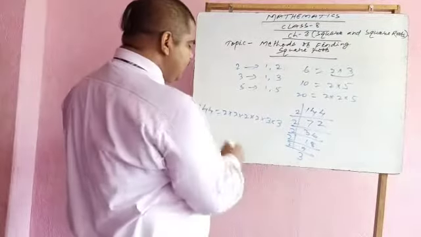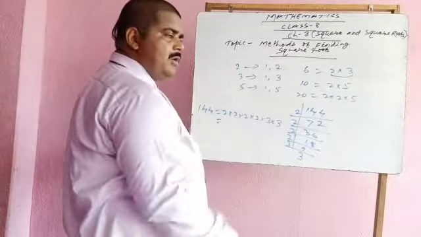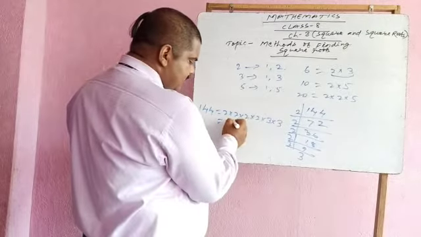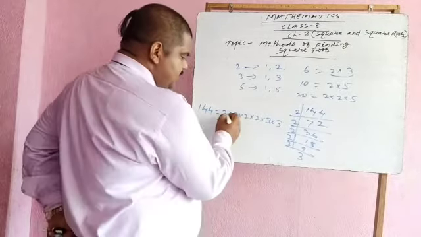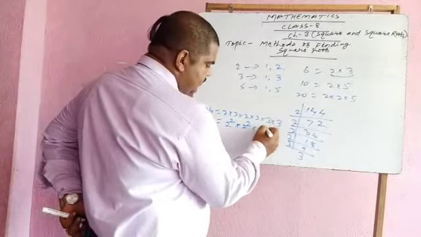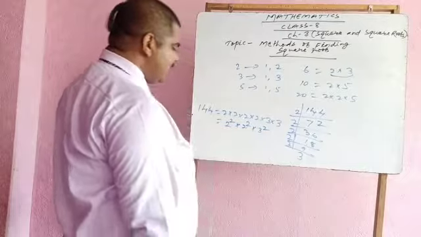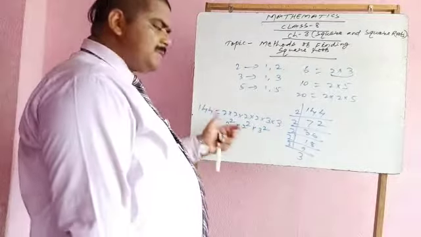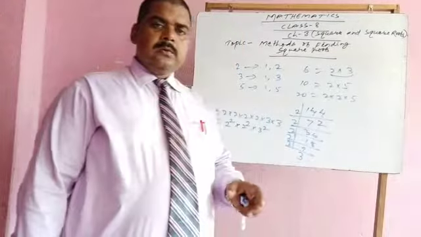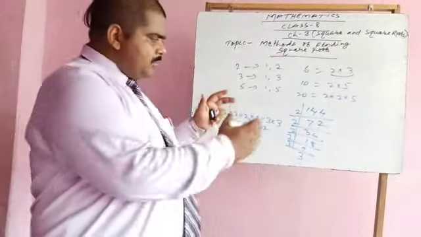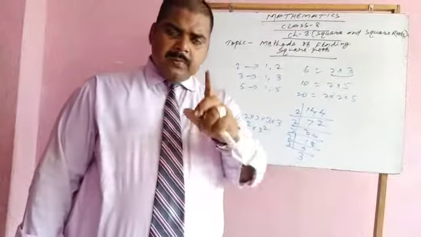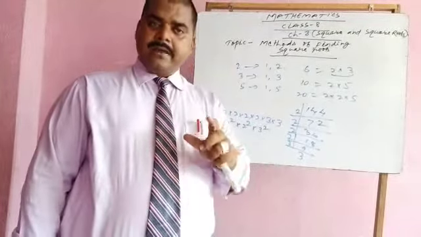For our convenience, when you find the square root, it can also be written as 2 square into 2 square into 3 square. So 144 can be expressed as a product of primes. In this session, you have to utilize this factorization to find the square root.